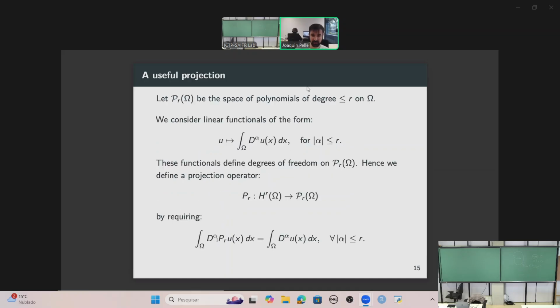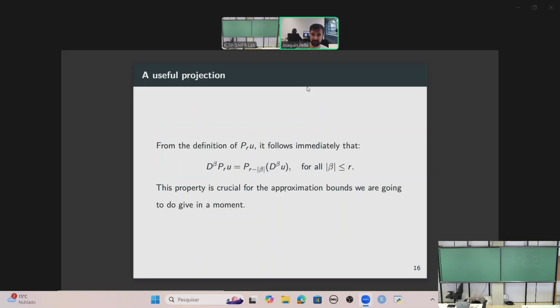which by definition, when you integrate it over the domain, is basically the alpha plus beta derivative of the function itself, and the same here, right?